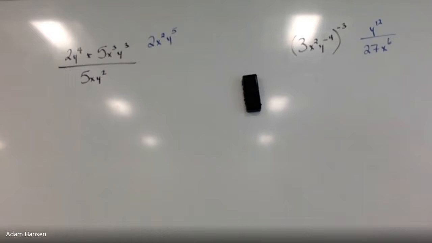What's y to the 7th divided by y to the 2nd? y to the 5th. Correct. What's x cubed divided by x? x squared. 2x squared y to the 5th. That's what I had right there. Doesn't matter what order these are, because you're just multiplying them, right? Yes. Multiplication can go in any order you want. It doesn't matter.